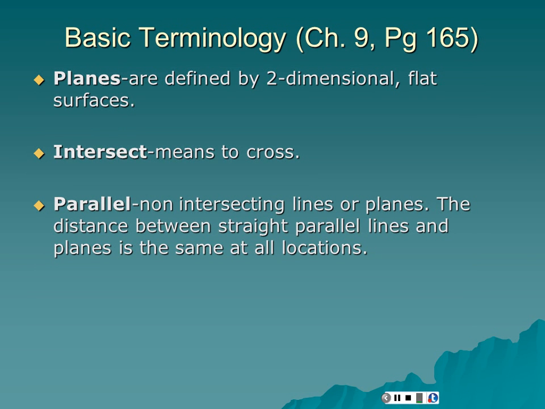Any intersect means either two lines are intersecting, crossing each other, or two planes are intersecting each other. Any parallel means they never intersect. Anytime we mention that we have two lines parallel to each other, that means they never intersect. If there are two planes parallel, they never intersect.